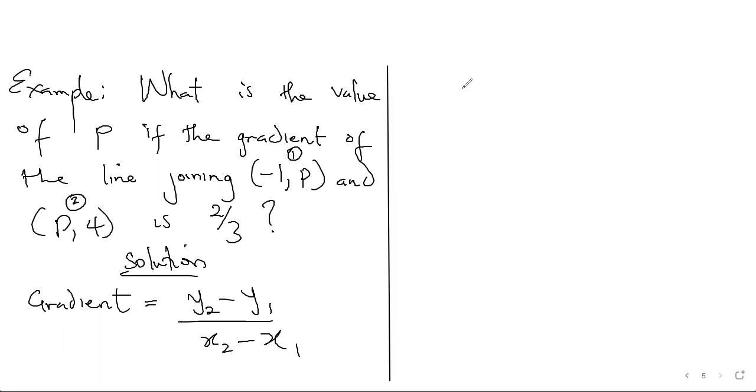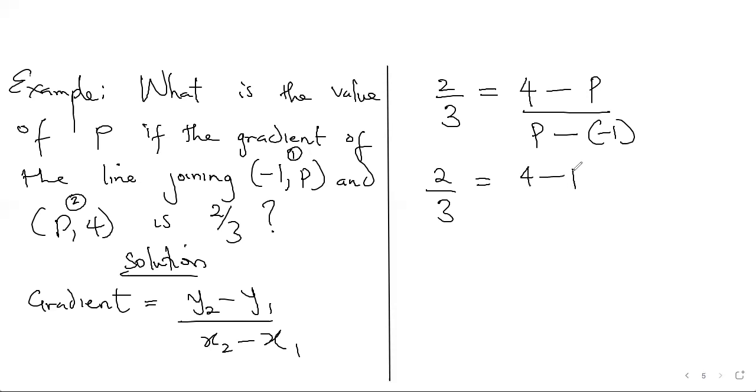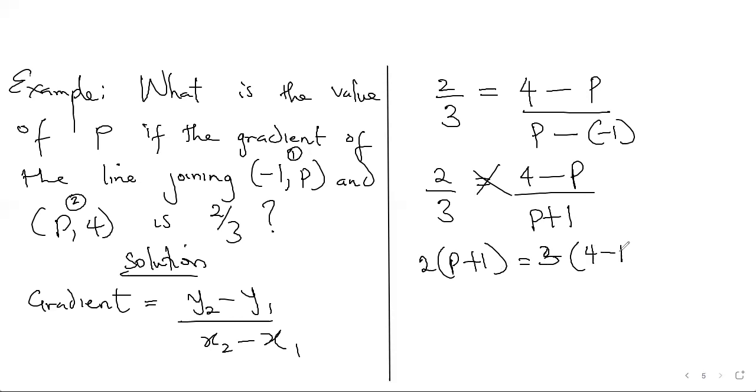So my gradient 2 over 3 will be equal to y2, 4, minus y1, p, all over x2, p, minus x1, minus 1. So I'll have 2 over 3 equals 4 minus p over p plus 1. So I cross multiply, I'll have 2 into p plus 1 equals 3 into 4 minus p.